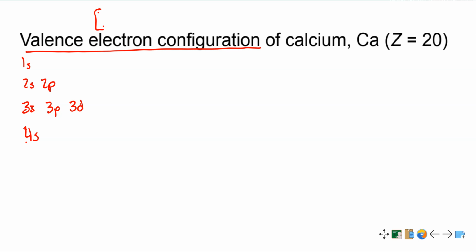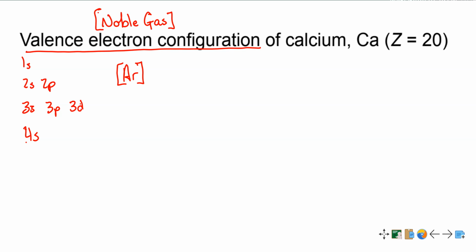So I need my noble gas in parentheses. So I have to ask myself, what is the noble gas that is before calcium? Well, the noble gas before calcium, according to the periodic table, is argon. So that's the first part of my configuration.